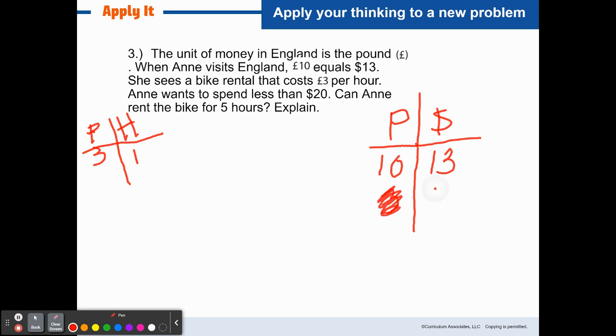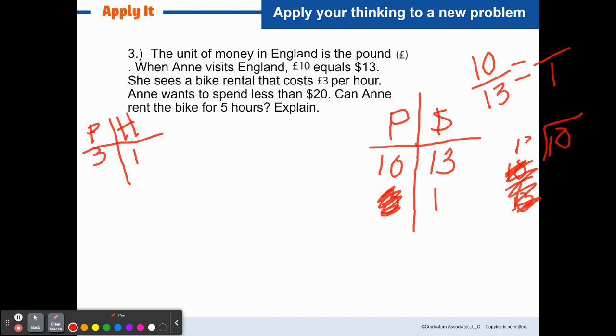So how many pounds for every $1? £10, $13. So 10 divided by 13.